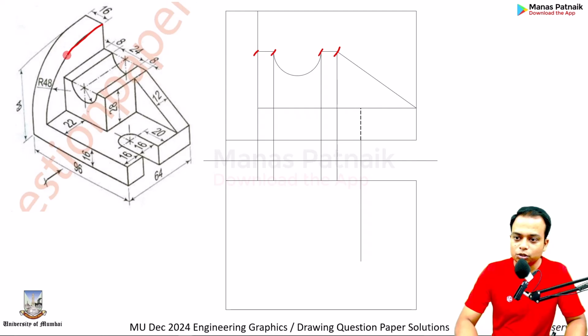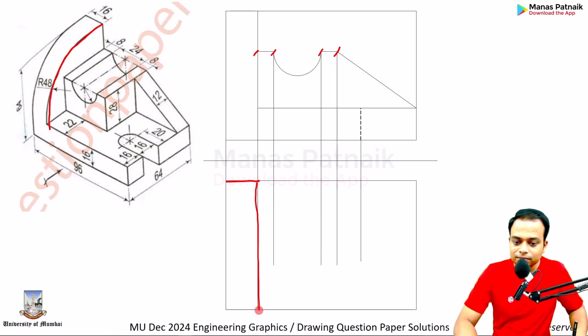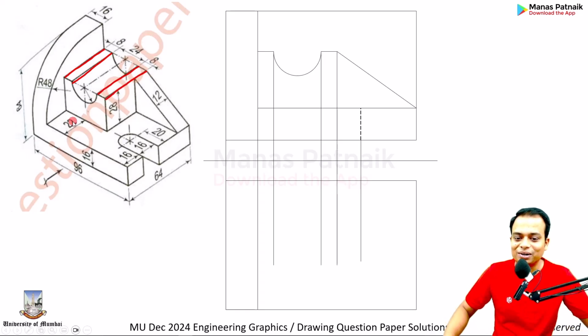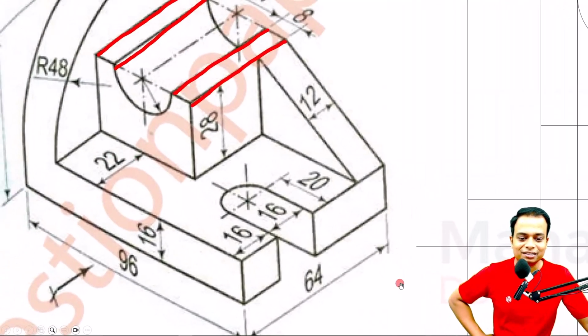Take a look. This portion over here at a distance of 16. This entire curve arc that you see will look like a line this way, a line. Yes, agreed. What about these lines, sir? These are going to have a length of, you need to calculate this. Basically, this is 64.